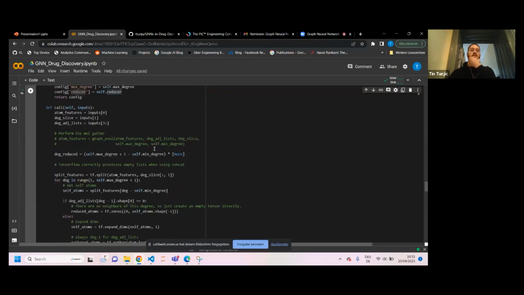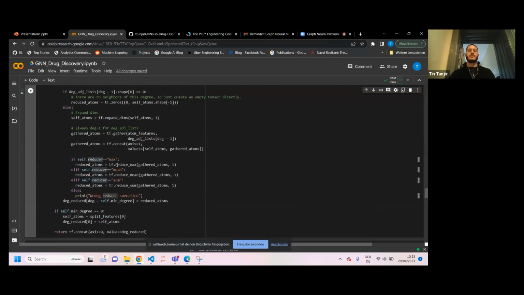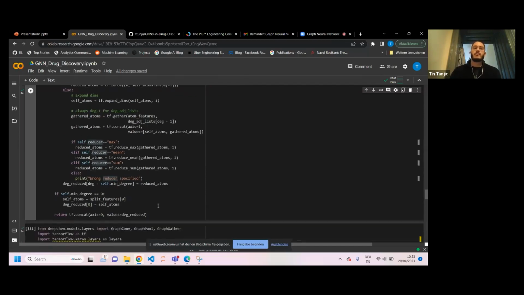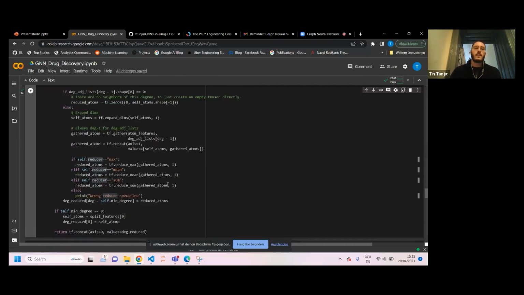And what happens here is, at the end, if we specified that the graph pooling layer is a max, then we provide this max. If we specify it as a mean, then we reduce all of the nodes to a mean, and if we specify it as a sum, we reduce all of the neighboring nodes into a sum. At the end, we obtain those representations, those graph poolings, and have obtained the latent representation later in our graph convolutional network.